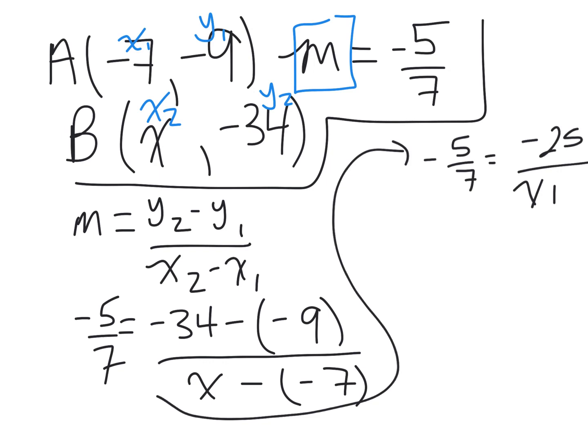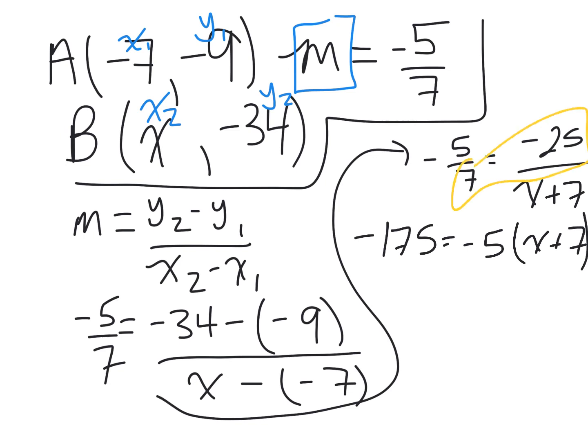So we still know that this is -175 equals -5 bracket x plus 7. Oh, it fits. Okay, good. And how did I get that? Well, 7 times -25 got me to there, and -5 times positive 7 got me to there.